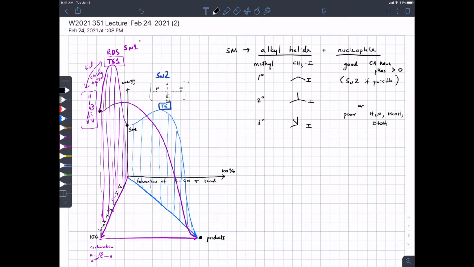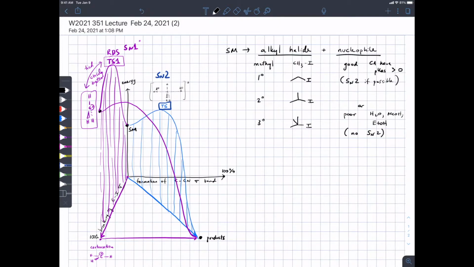Why do we say if possible? Hang on, we've got to consider the alkyl halide. Not good nucleophiles aren't going to do SN2. That doesn't mean that they particularly favor SN1. It just means SN2 isn't an option, so SN1 is the only thing that can happen.